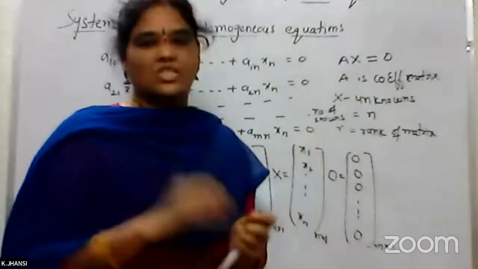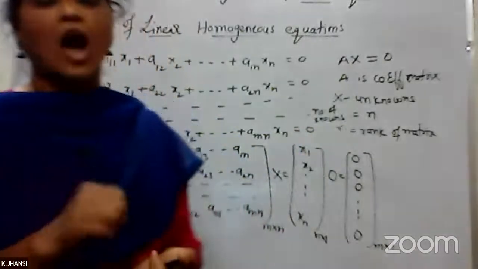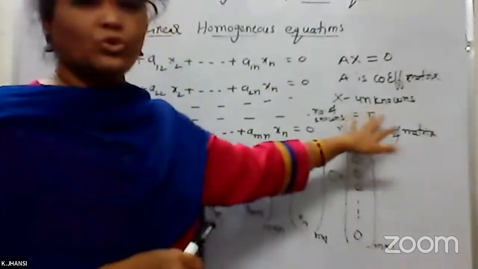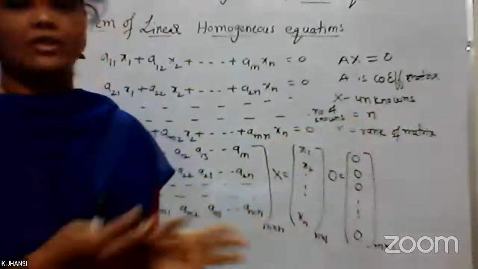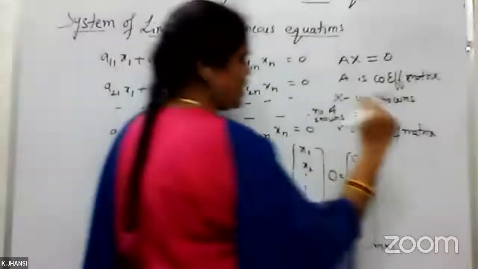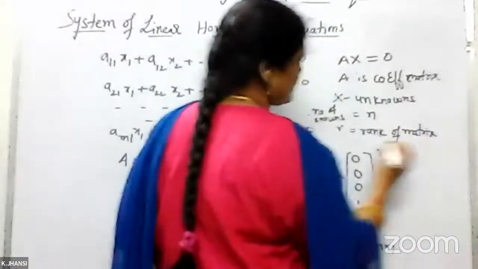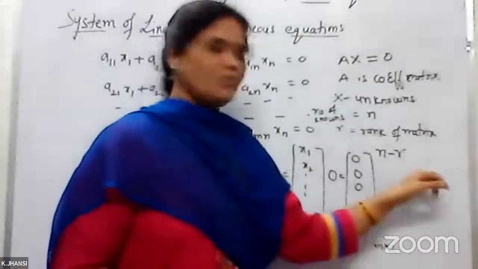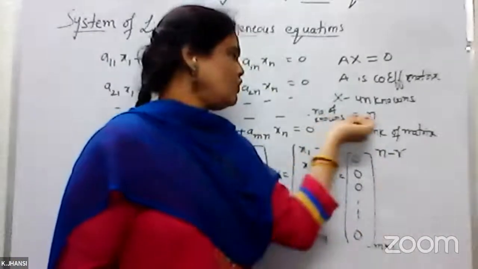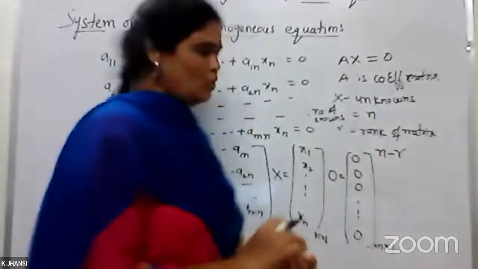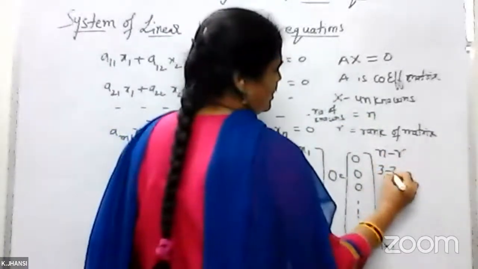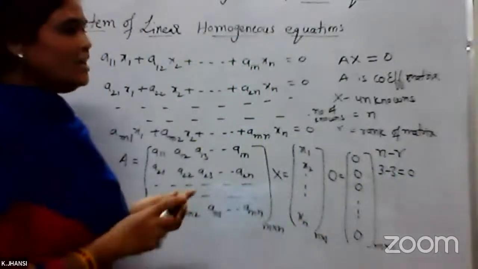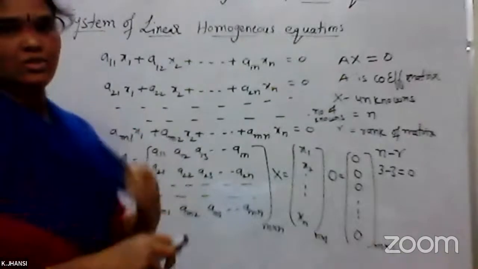So the first case is, if r equals n, both n and r are the same, then you will get 0 independent solutions. The formula to find the number of solutions is n minus r. If both are the same, you get 3 minus 3 equals 0, so you will get 0 linearly independent solutions.